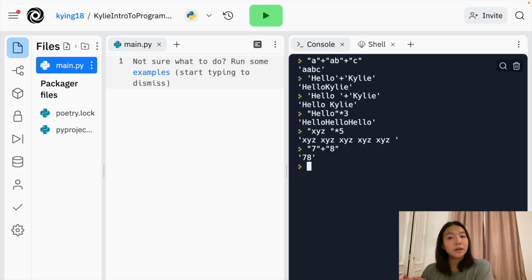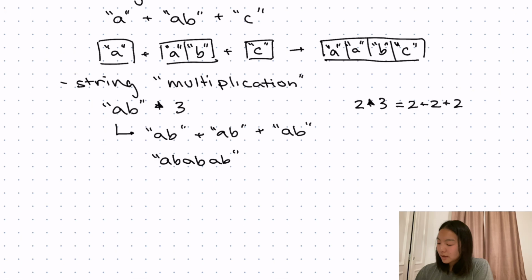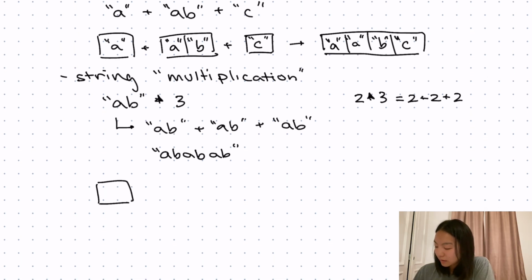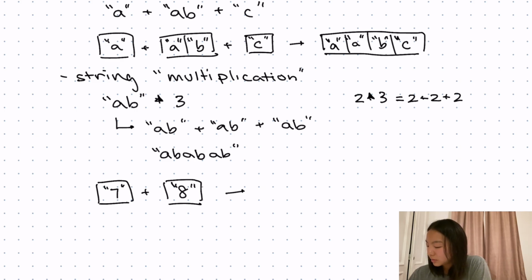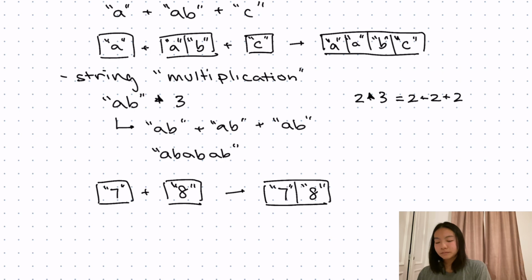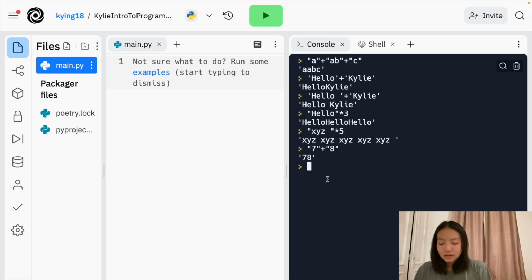Well, if you said that we got a string 78, you would be correct. The reason is because I have 7 plus 8, both as literal characters, which gives me a string of characters 7 and 8. Okay? And similarly, if I have 3 times 3, well, that's not going to give me 9. That's going to give me 333 as a string.